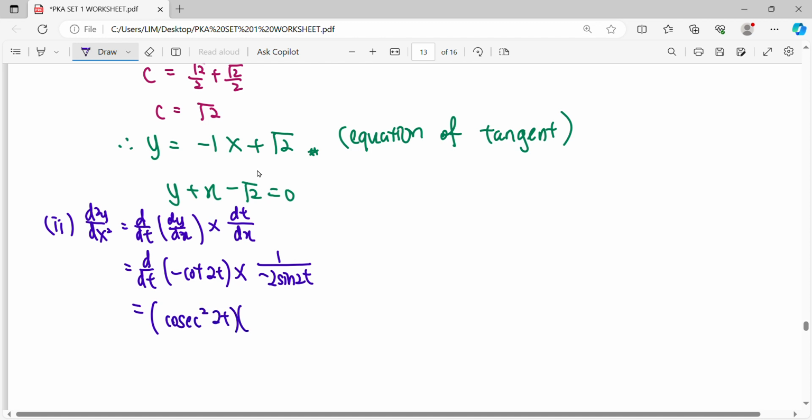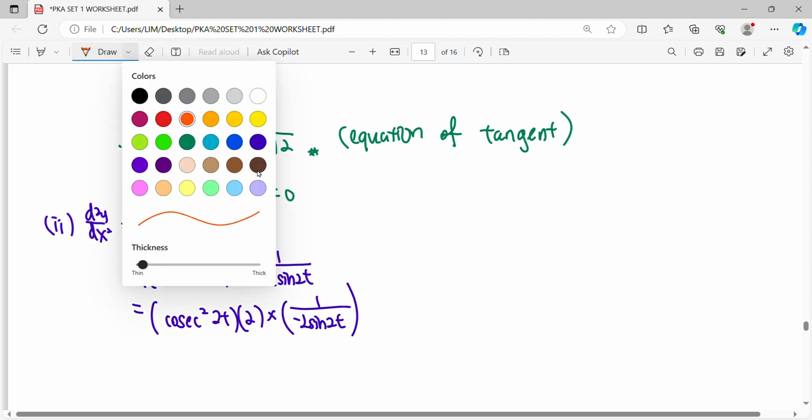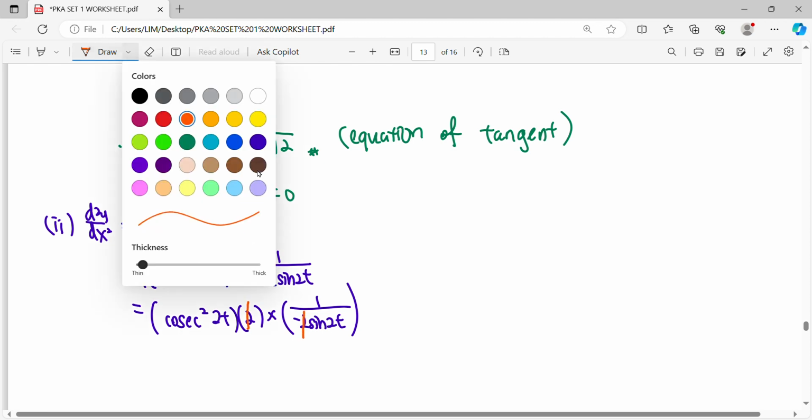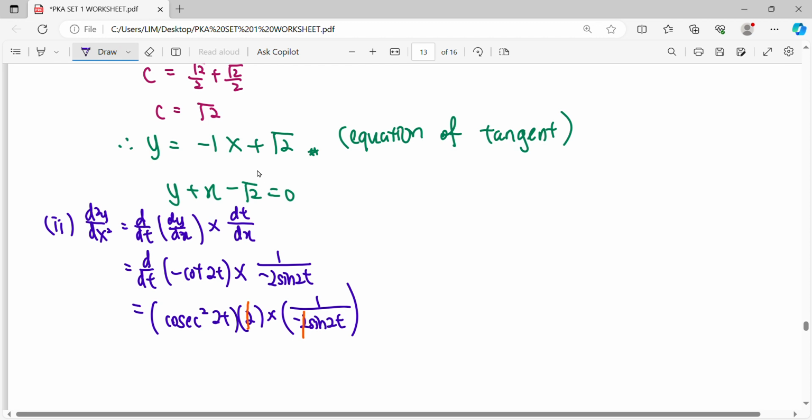Differentiate the angle 2. So times with this dt/dx. And we can notice that it can be simplified. Simplify for the coefficient 2.